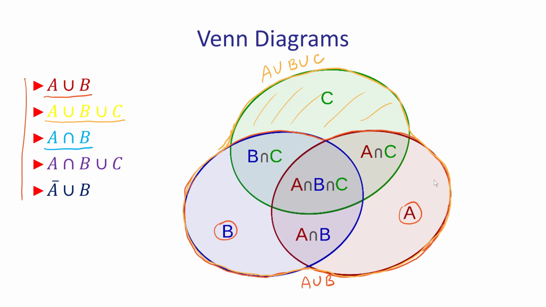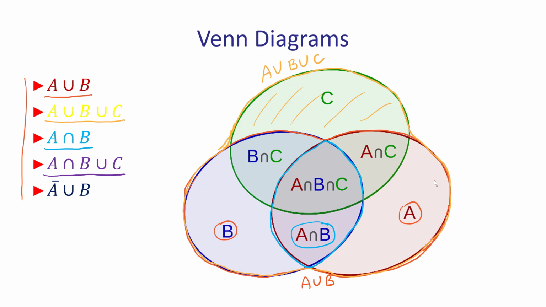Intersection of A and B is basically all of the area which is common to B and A, which is that area. Next, we want intersection of A and B united with C. This is what we want to get.